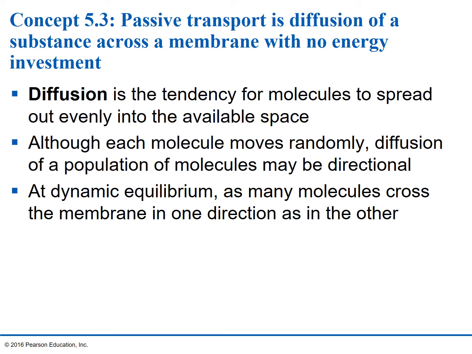A dynamic equilibrium is the concentration of the molecules on one side of the membrane being roughly equal to that on the other side. Once this happens, the net movement is zero or close to zero. And that's just how that works.